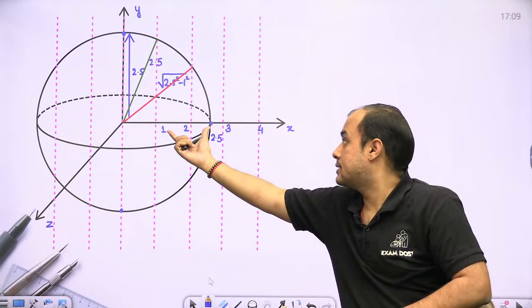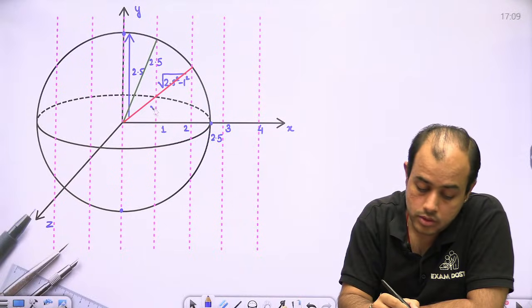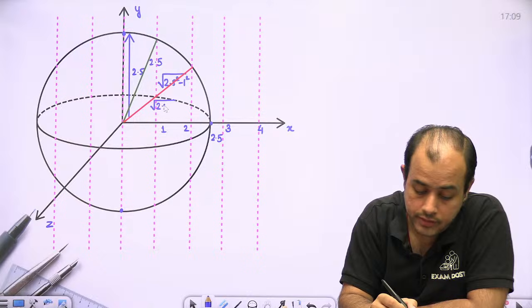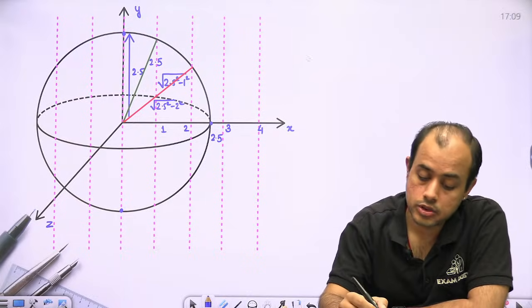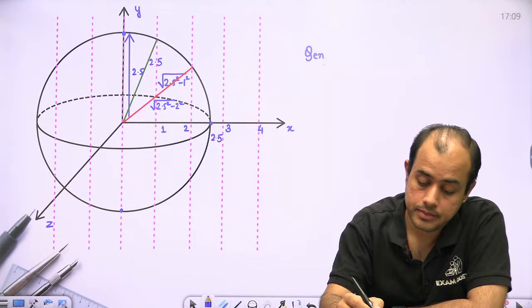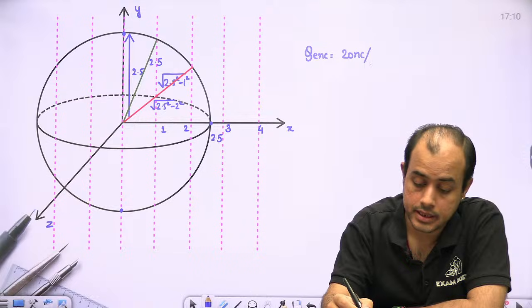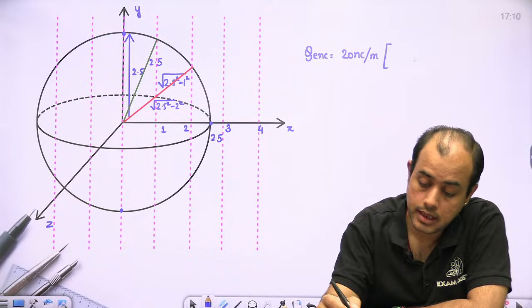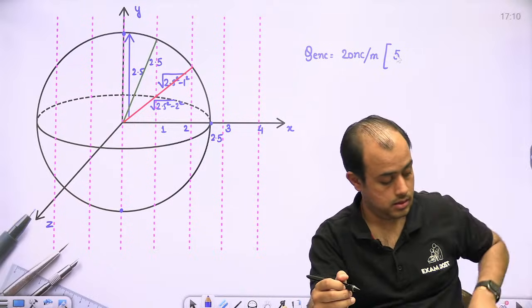The base is 2 and the hypotenuse is 2.5. So this length will be 2.5 square minus 2 square. Okay. So charge enclosed will be 20 nanocoulomb per meter. The length of first charge is 5. A moment.